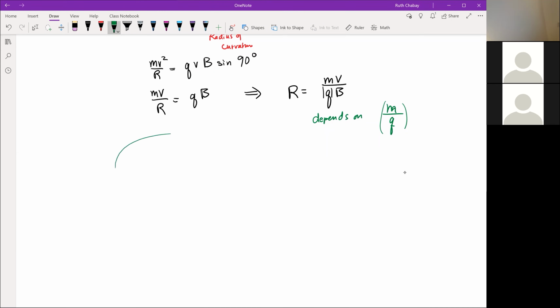And so it curves around and eventually hits some detector. Since the radius of the orbit depends on the mass to charge ratio, and you mostly are going to get singly ionized things, you can figure out the mass of your fragment or your atom by looking at the radius of the orbit.